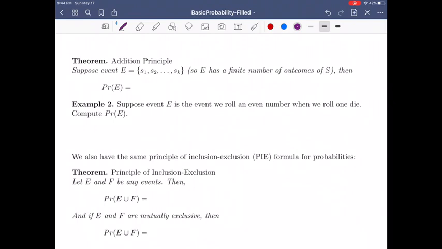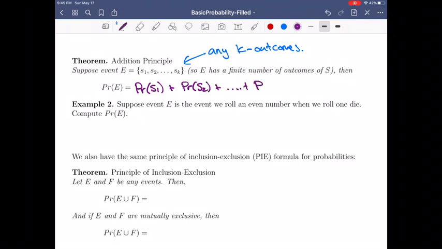Okay, so it's just any K outcomes of S. Then if I want to compute the probability for E, what I can do is add the probabilities for each of these outcomes. So you're adding the probabilities for each of the elementary events. Okay, so using our other notation, this would be P1 plus P2 all the way to Pk. Okay, so that's the addition principle.